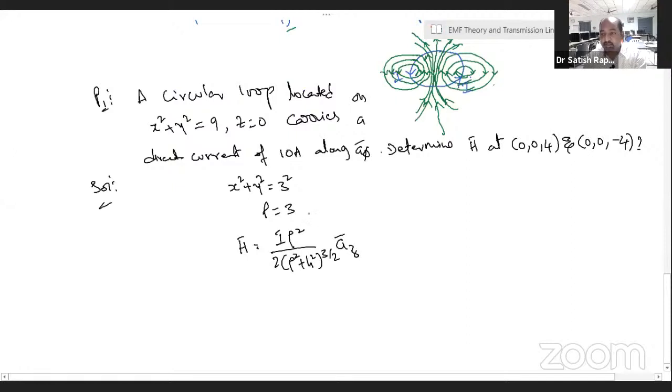Here rho is 3, and the current is also given: I is equal to 10 ampere. We need it at (0, 0, 4).